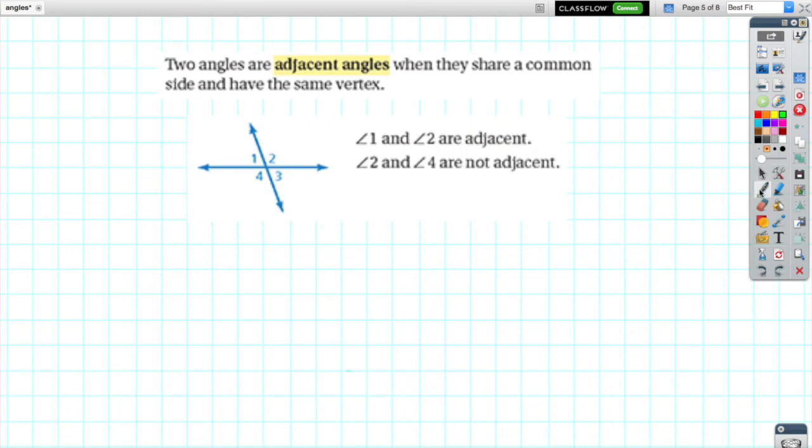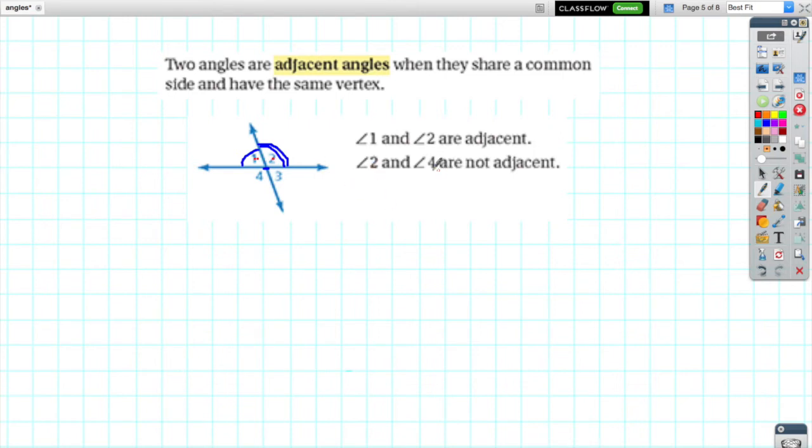So if I were to go in here and mark these, what they're saying is that angle 1, which I'll label like that, is adjacent to angle 2, and I'm going to label it differently. Okay, they share a side in common, and they share this common vertex in the middle here. But basically the way I like to think of it in layman's terms is that these two angles are just next to each other.